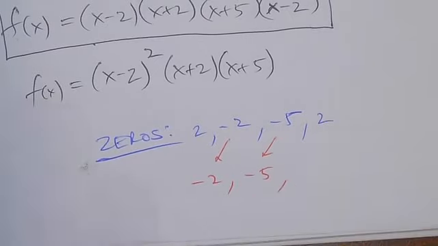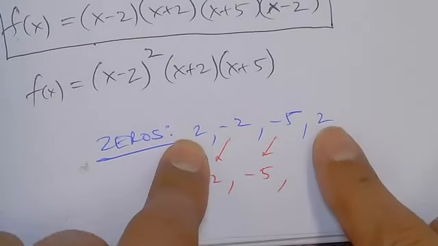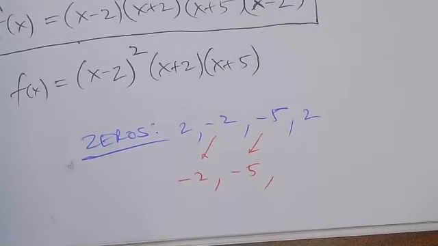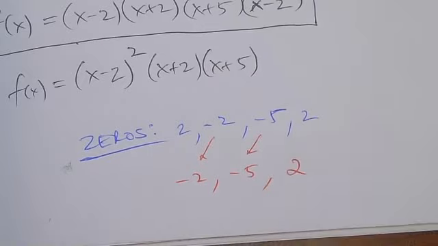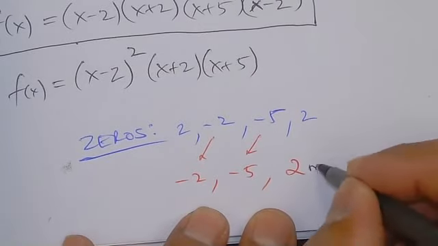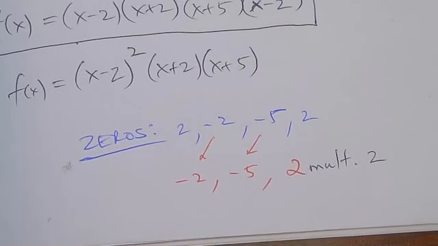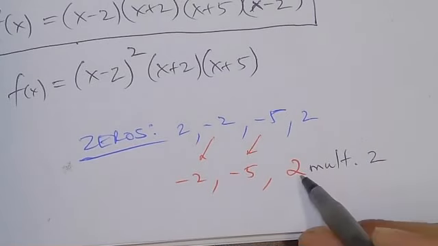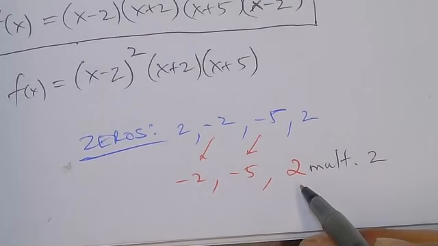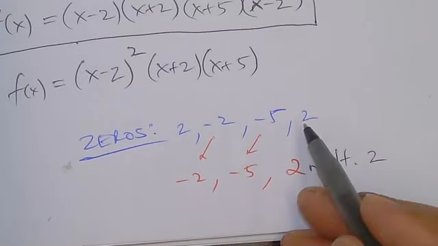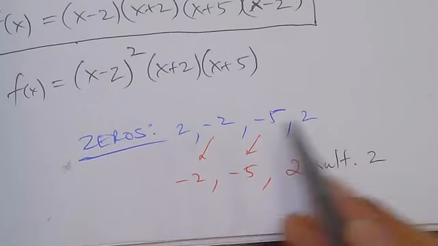It's probably going to say negative 2 for that one. It's going to say negative 5 for that one. And for these two, it'll say 2, multiplicity 2. Do you guys remember that? This number 2, I'm seeing multiple of them.